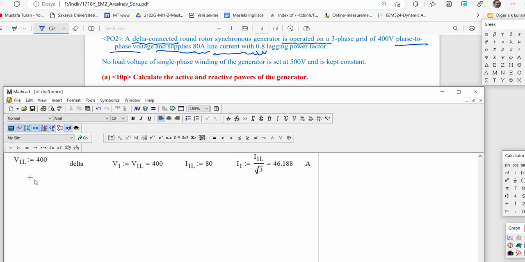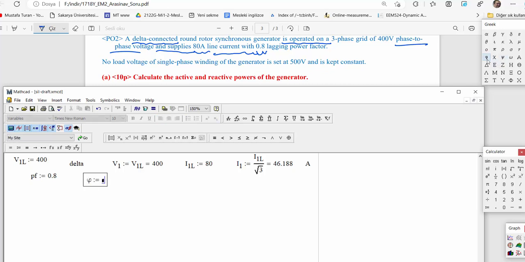And one more. Power factor is 0.8. Phase displacement is equal to arc cosine power factor, and phase displacement is such a radians.